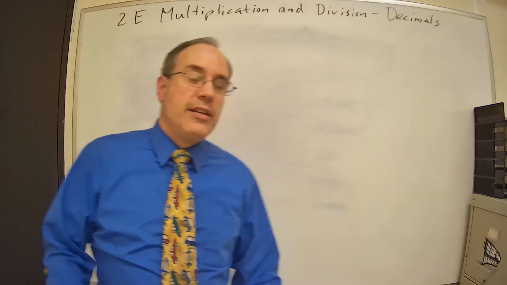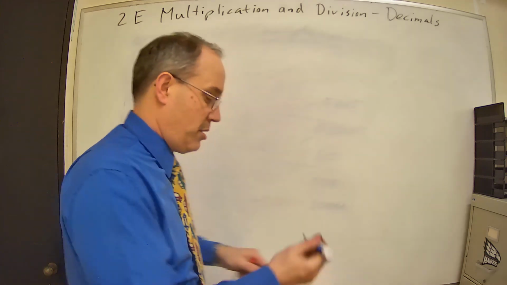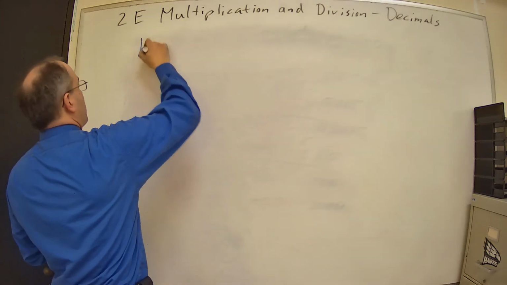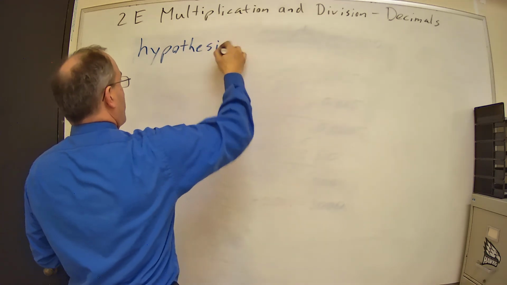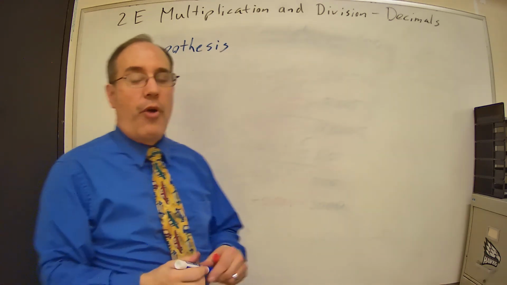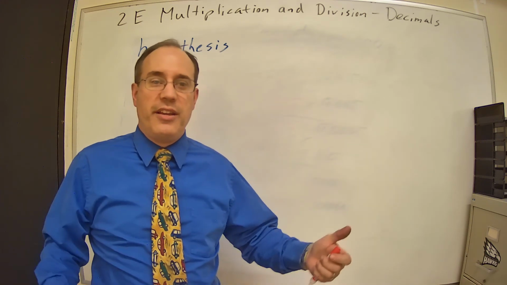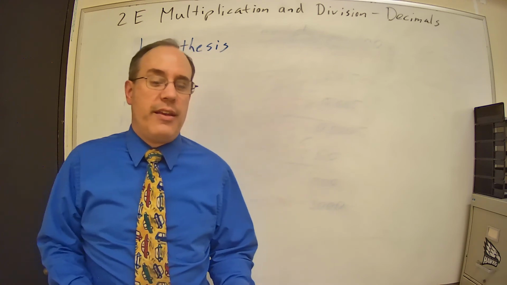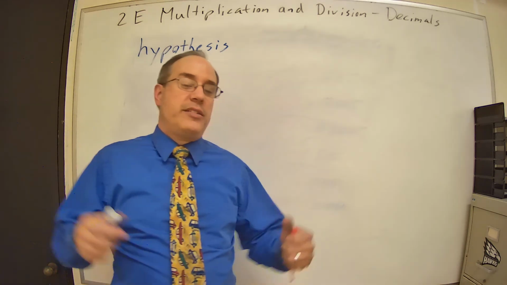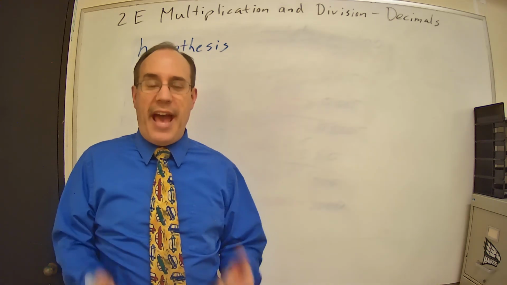Okay? So I just want to finish with 2 definitions. First is hypothesis. Now I know that you already know that a hypothesis is an educated guess, because that's what they teach you in science, right? I want to make this a little more specific, and say that it's an educated guess based on observed patterns.